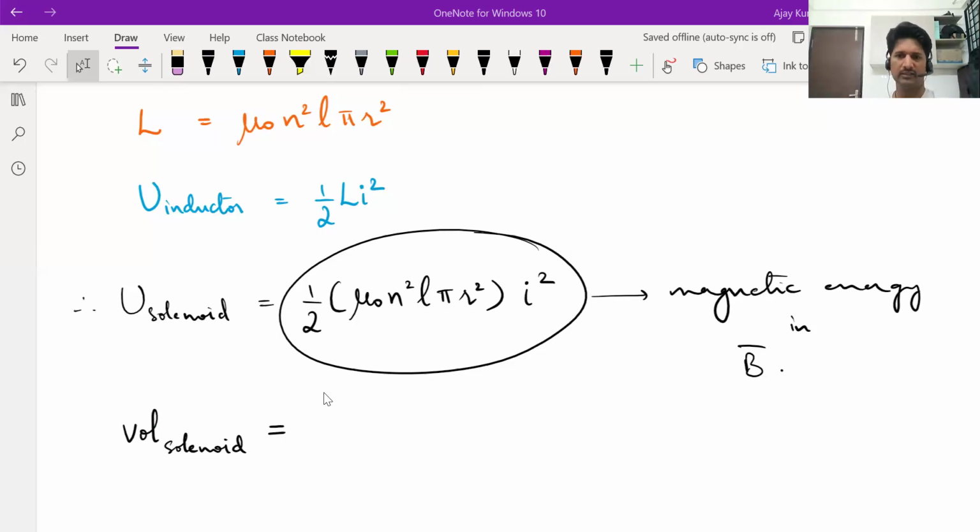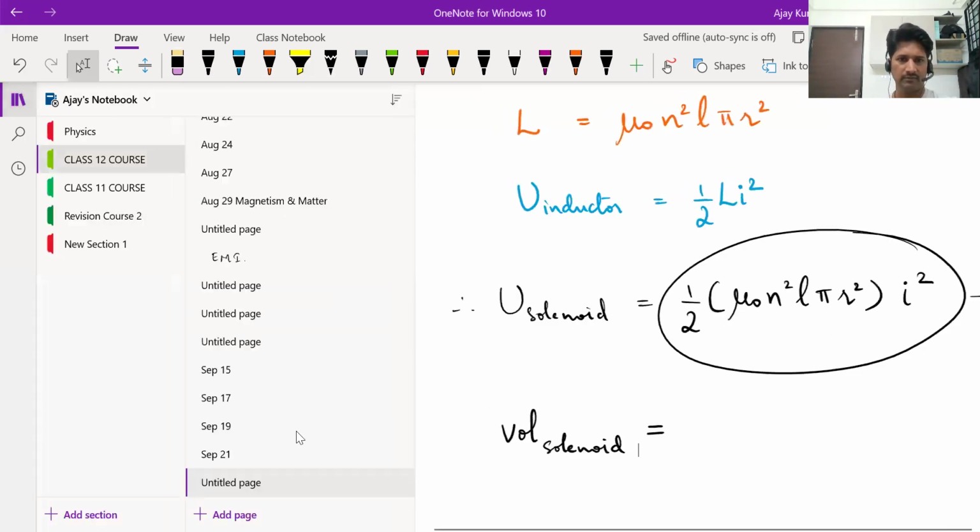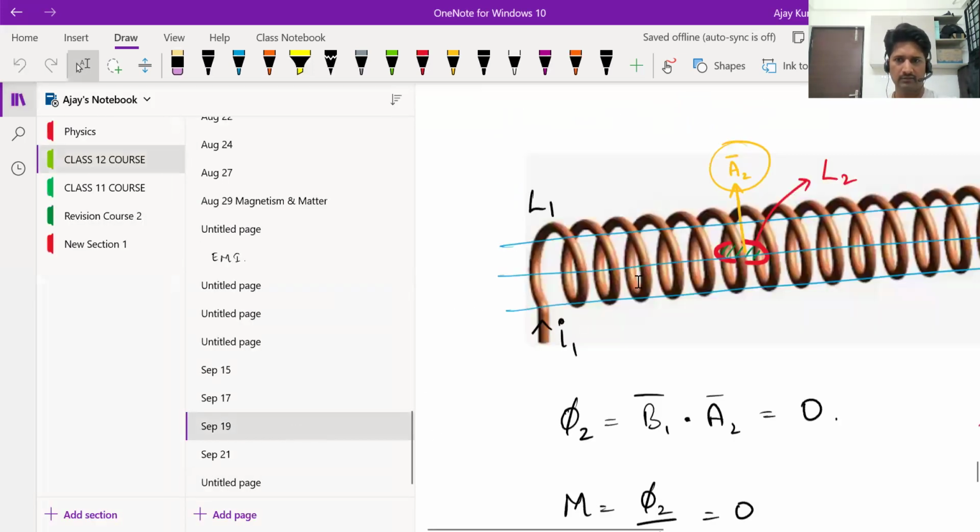In case of a solenoid, we don't call it h, we call it L, the length of the solenoid. Okay, just a moment. We can use the diagram that we used a few days back. Okay, let's consider this one.